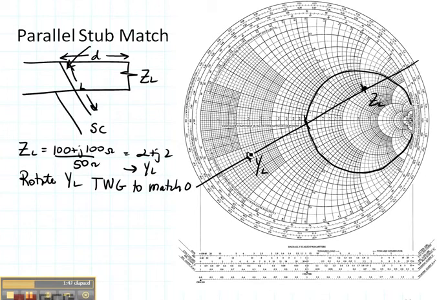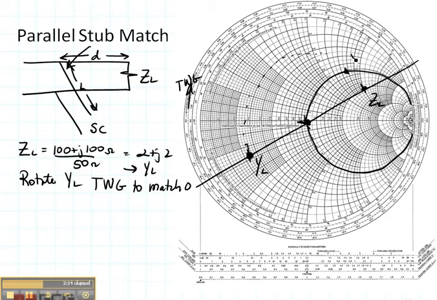So here I am rotating towards the generator. Here we go around towards the generator. Again, if you had a protractor, put the center of your protractor right here, put the pencil part, and draw your circle. But as usual, I didn't bring my protractor, so I'm going to use just a piece of paper. I'm going to center it here at the center of the Smith chart, and then I'm going to line up my distance right there.